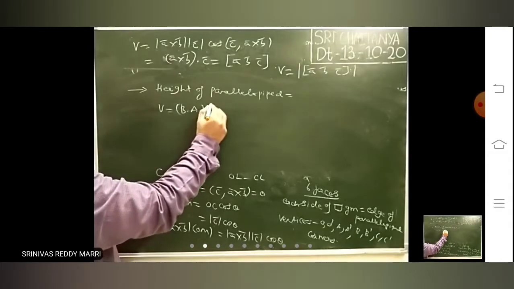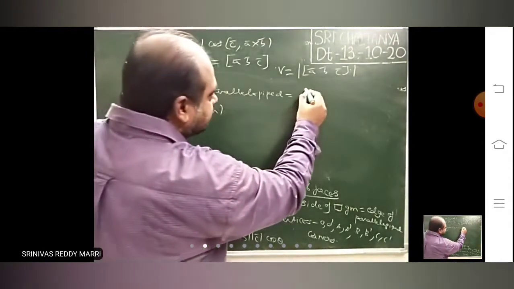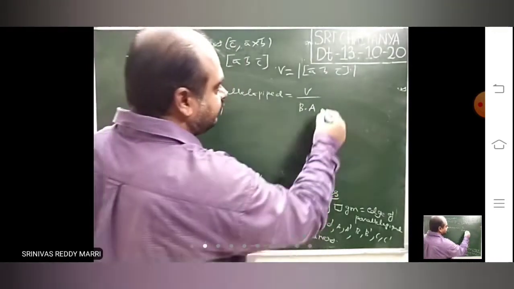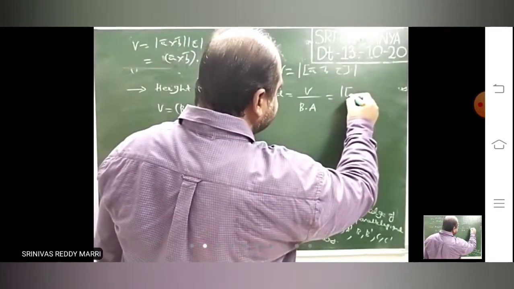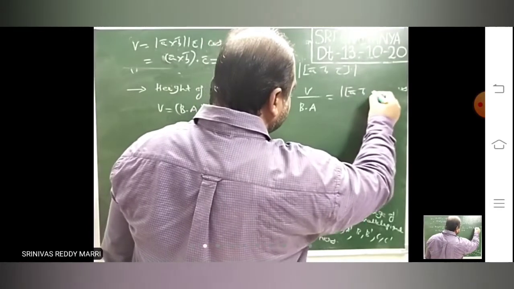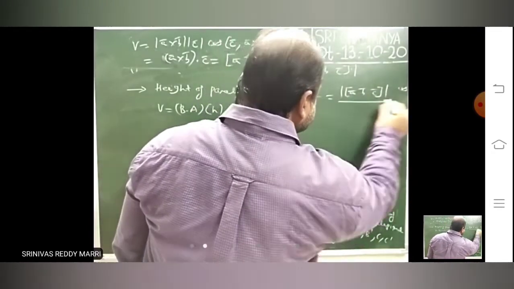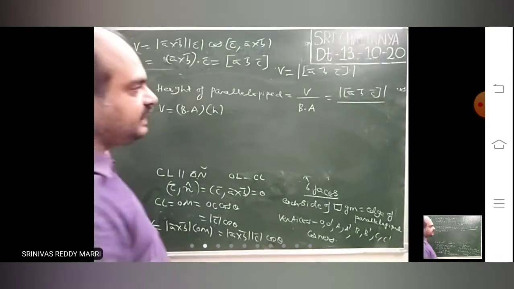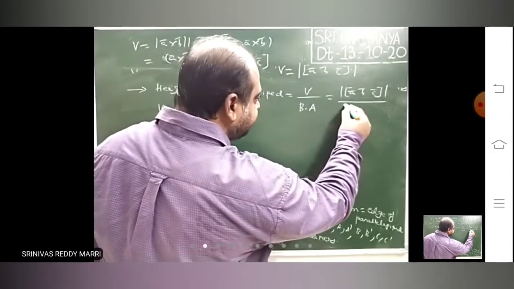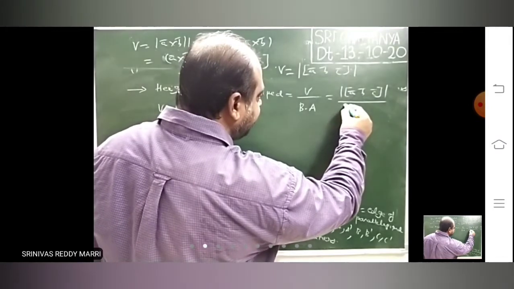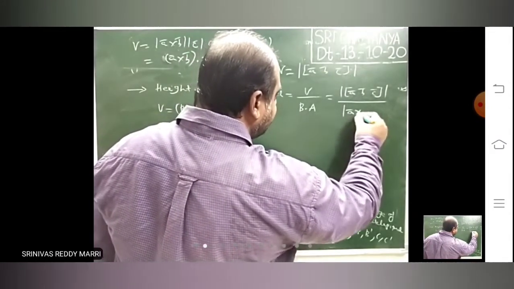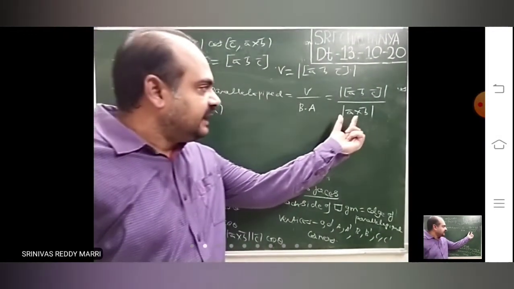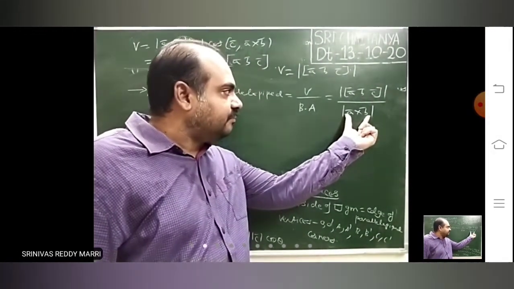Base area into height. So that means height is volume divided by base area. Volume: three vectors will be given to you, you calculate the volume, the modulus of the box of A bar, B bar, C bar. Suppose the base is given as vectors A bar, B bar. Then the base area is modulus A cross B. If the base is given this way in the problem, then use A cross B.